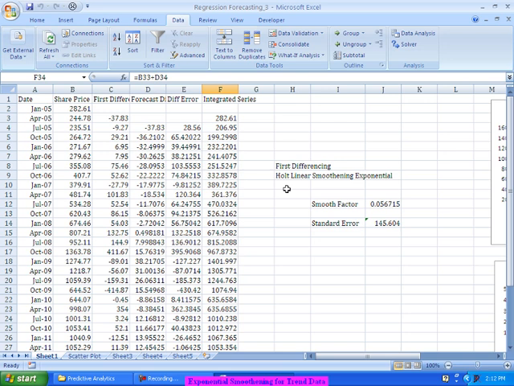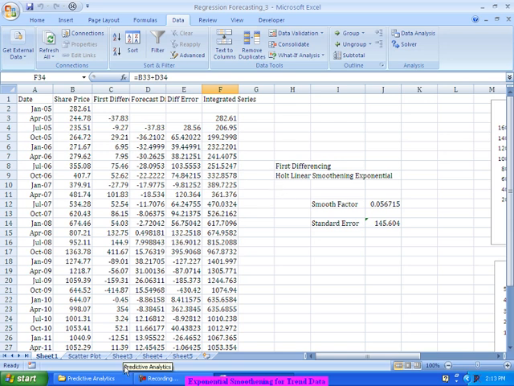Right? Now, if I have to use another method, which is the Holt linear smoothening method, in this case, what is the process I would be following? There's a slight difference.